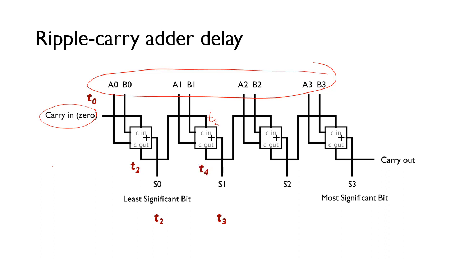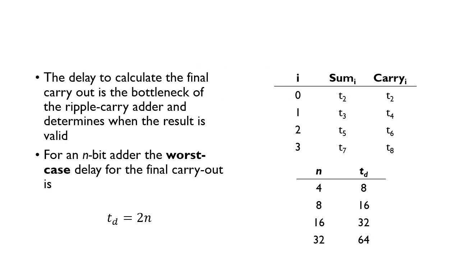So this full adder will get a valid input at time 4, so the sum will be at time 5, the carry at time 6, which is then fed into here. So the sum is at 7 and the final carry at 8. So in this particular case, it took 8 gate delays to get a valid answer after we applied the inputs, and that's just for a 4-bit adder.